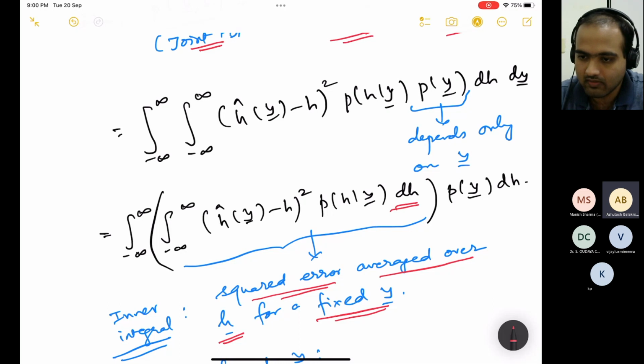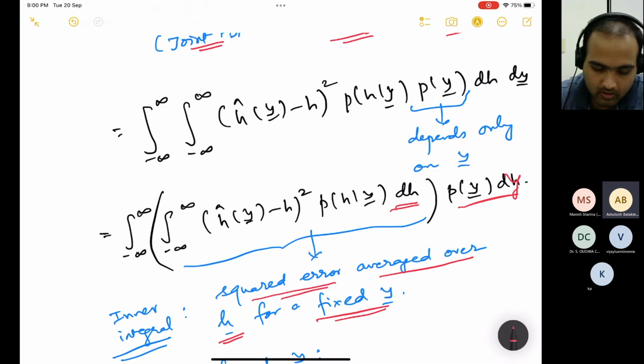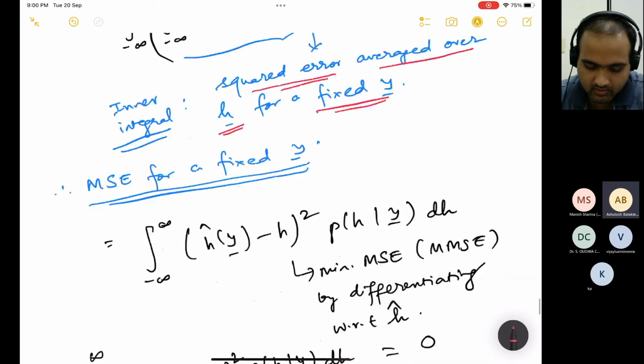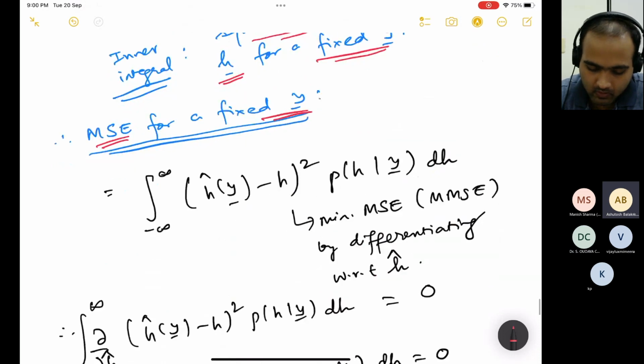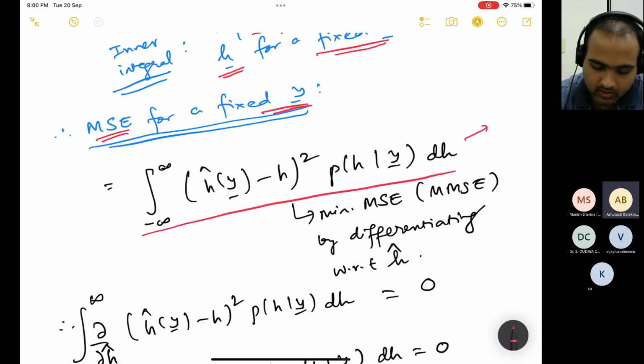So for a given y, we are averaging first over all h, and then we'll do p(y) dy, right? So this is the MSE for a fixed y. For a fixed y, this is my inner integral.